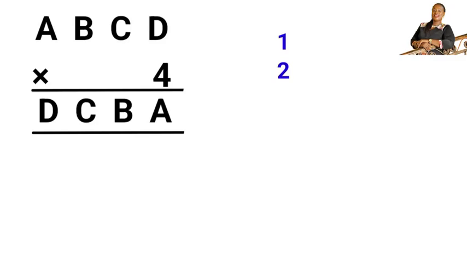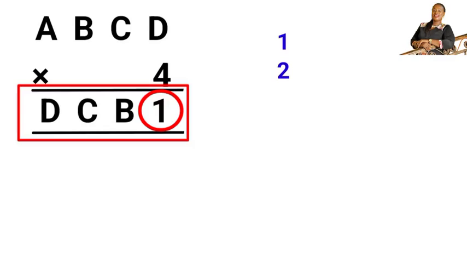Now, let's look at the result. Here, A is the last digit, and we have to choose from 1 and 2. We know that if A is 1, it means that our result here is an odd number. And if A is 2, our result is an even number.